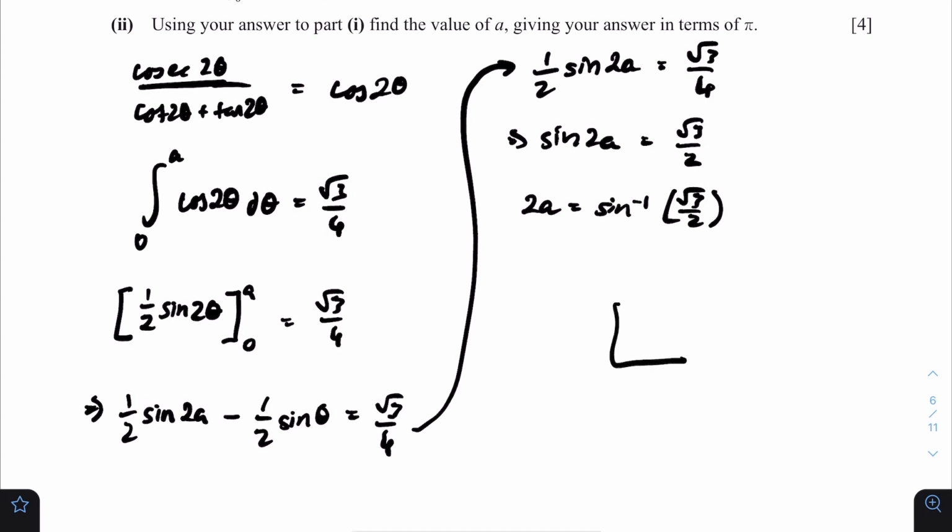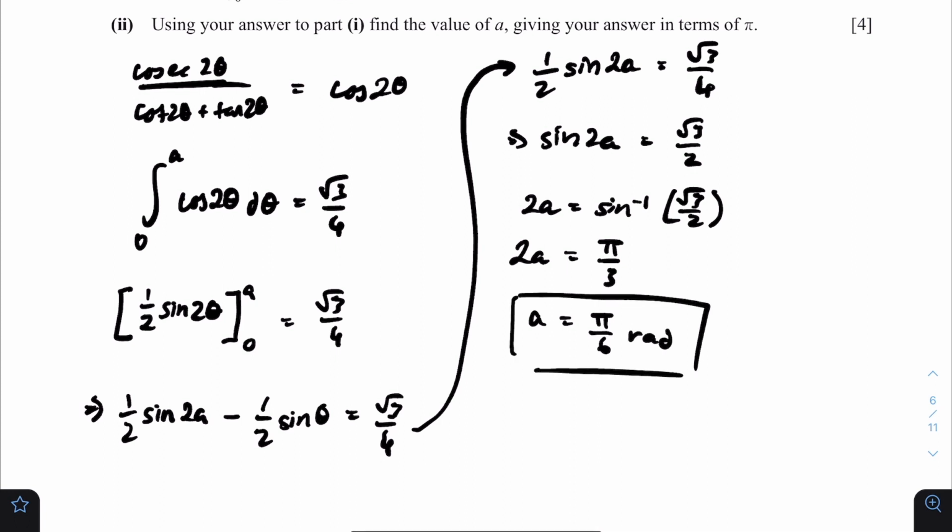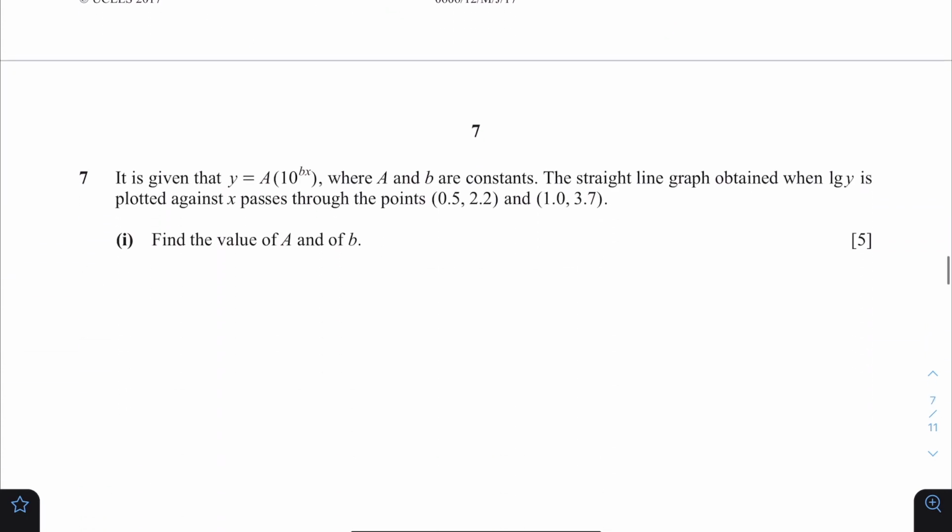So if we were to draw the triangle, we know that sine 60 is equal to root 3 over 2. So therefore, 2a is equal to 60 degrees, which is the same thing as pi over 3. And therefore, a is equal to pi over 6 radians. So that's our answer. And this also fits our bound of 0 to pi over 4, so that would be correct. All right, let's go to the next problem.